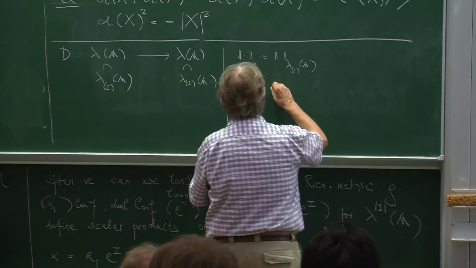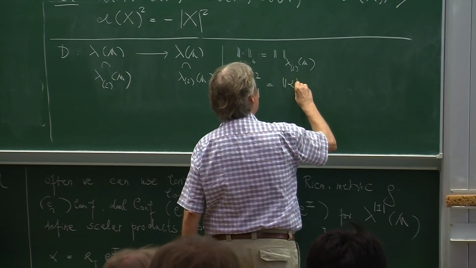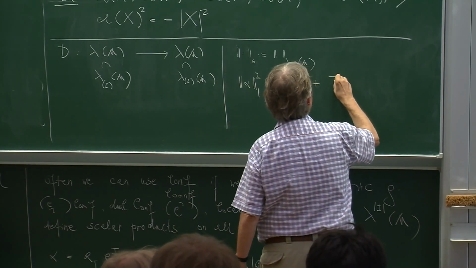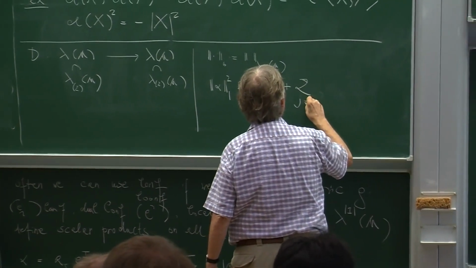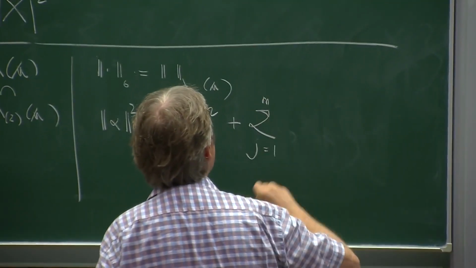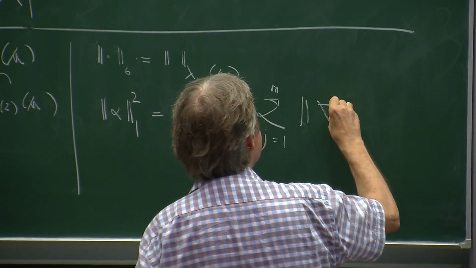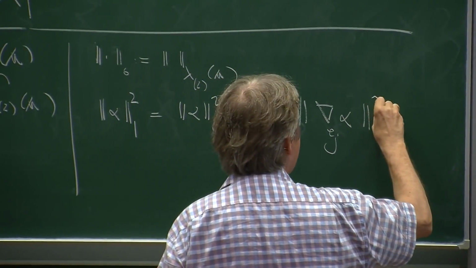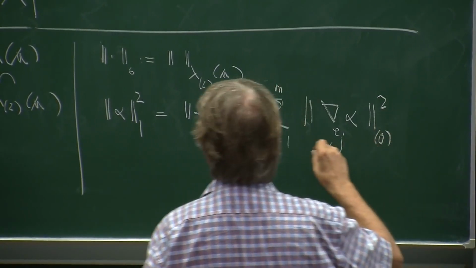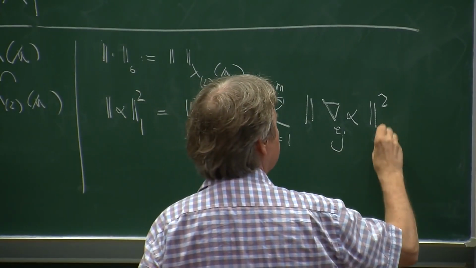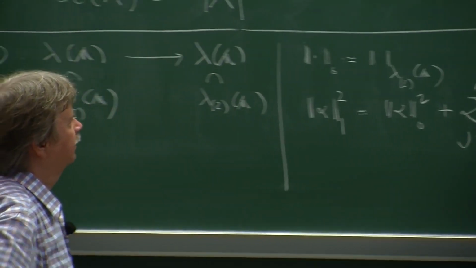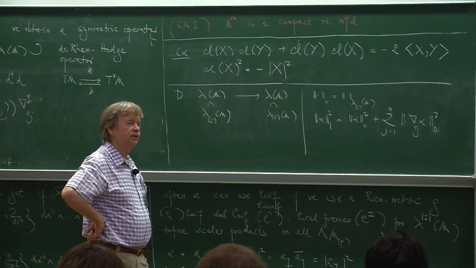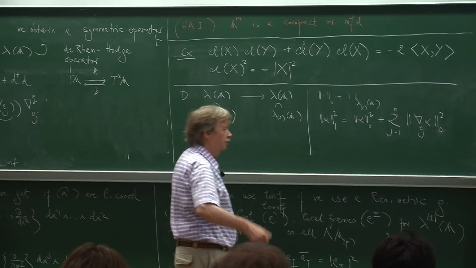And we say what the 1 norm squared is. This is just the 0 norm, so the L2 norm squared, plus the sum over j from 1 to m of the 0 norm squared of nabla e_j alpha. So this is something like the L2 norm of the function plus the L2 norm of the first derivative, both squared.